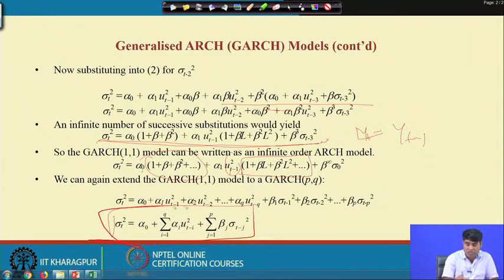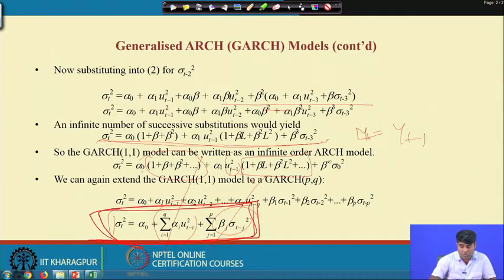That is the generalized format of the GARCH model. So, that means we have the square of the error component in one part and the square of the error variance in the other part. Now, you can start with GARCH 1, GARCH 2, GARCH 3 and so on.